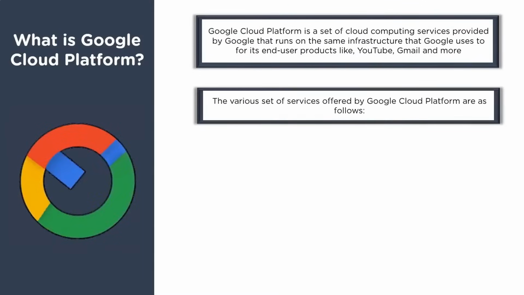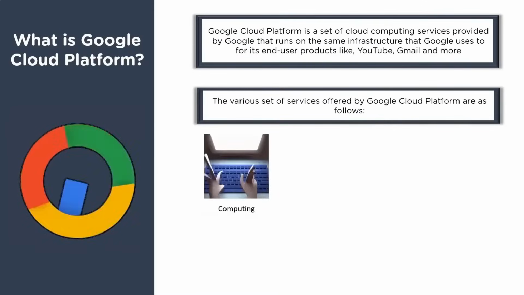The various set of services offered by Google Cloud Platform are, so you have services which are specific to computing requirements. And again, in computing, you have various different options available. You have machines which are compute optimized, machines which are memory optimized, machines which are storage optimized, and also certain machines such as preemptive, which basically means that you could get a machine to work on at a far lesser price than any other machine.